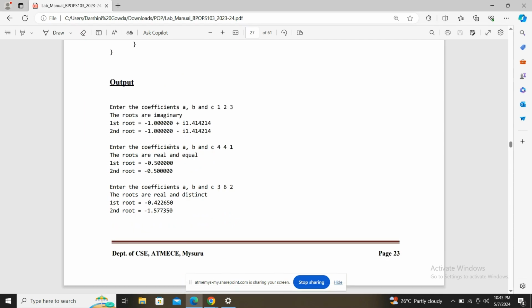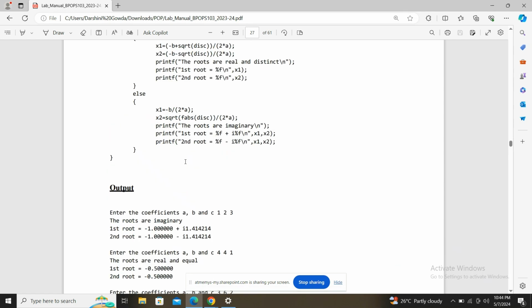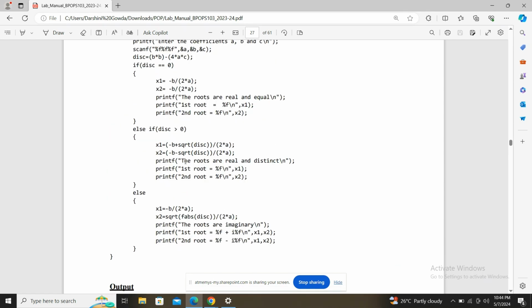So now let us check the second output. The coefficient values would be 4, 4 and 1. Here the roots are real and equal. What is the meaning of roots are real and equal? We get roots that are real and equal when the discriminant value is equal to 0.